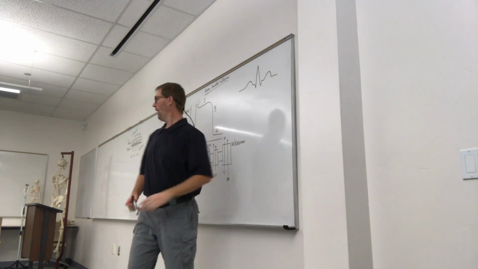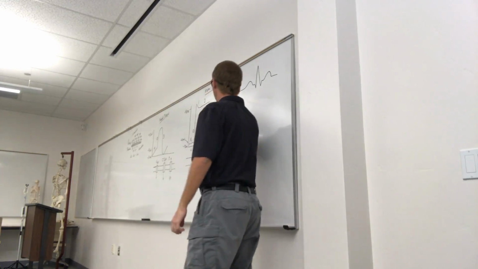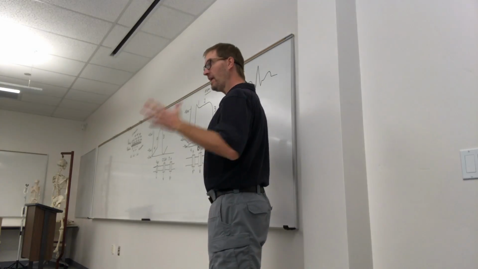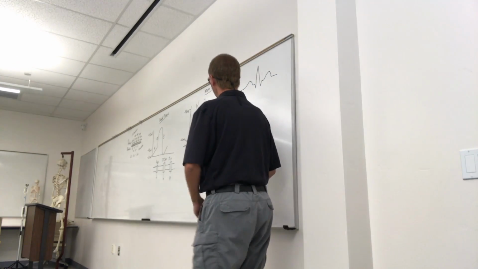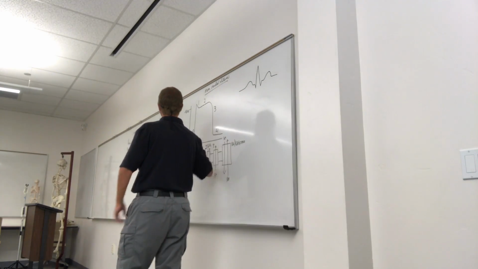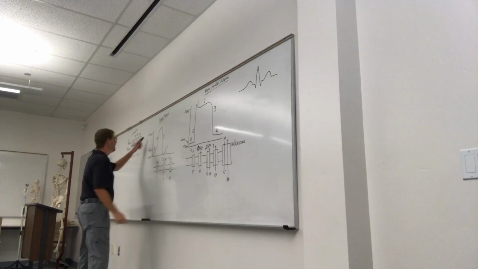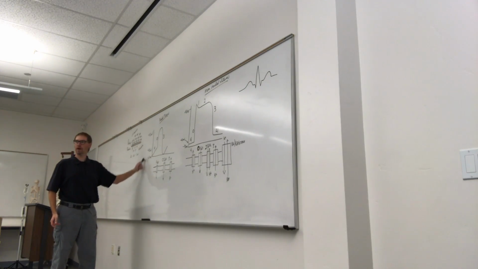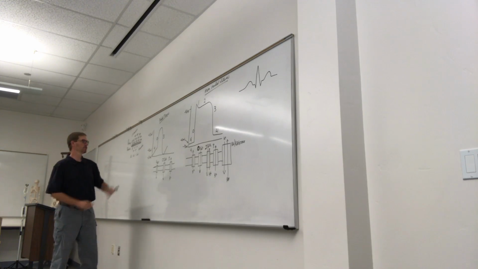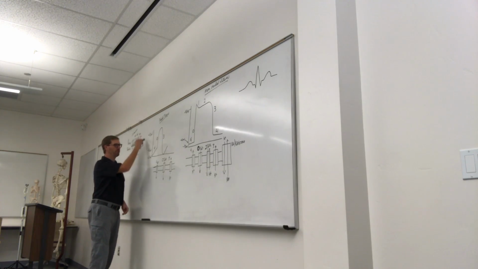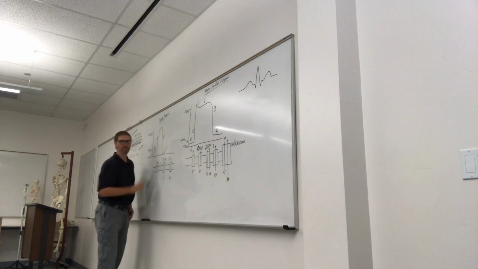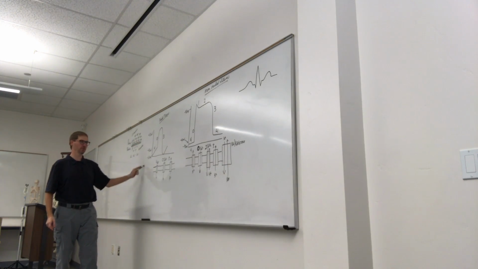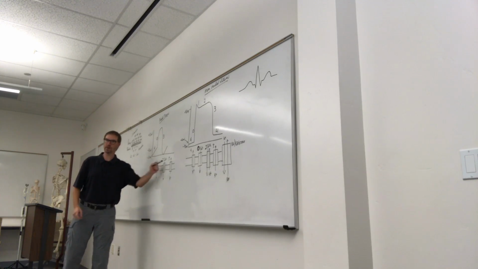These are not necessarily looking at the electrical activity, although it is a way of looking at the electrical activity, but these are looking at the potential across the myocardial membrane. So it is a membrane potential as a function of time. Okay, that's what's being graphed here.